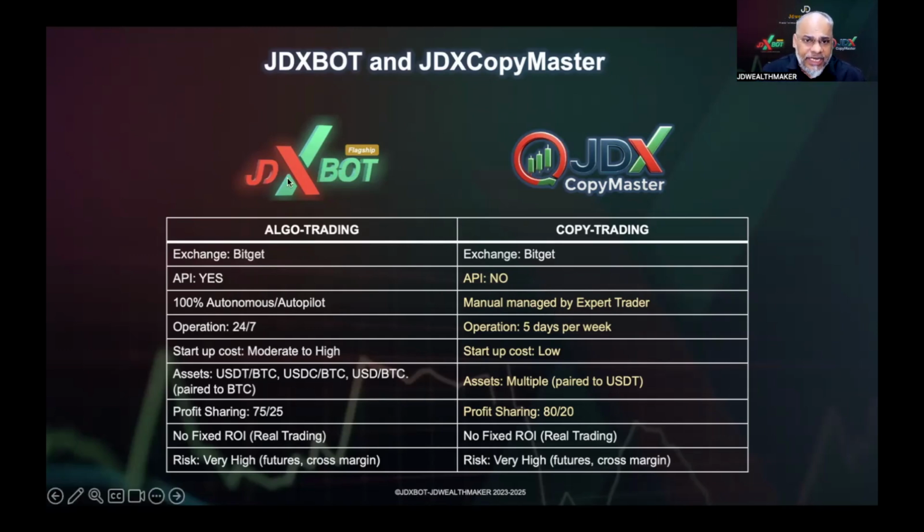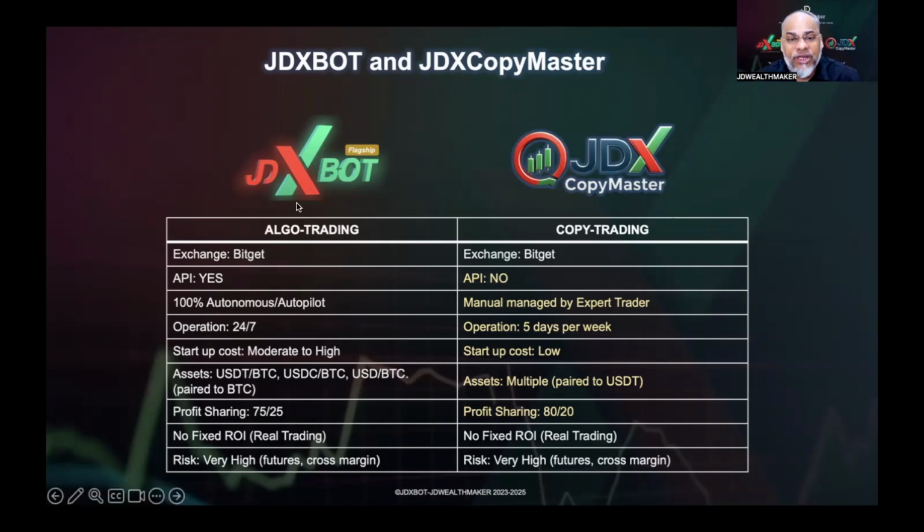JDXBot runs 24/7. Copy Master runs 5 days a week, meaning positions will only be opened during the weekdays. During the weekend, normally there will be no new position, but any existing position will continue to be managed. Please understand, Copy Master may not be permanently available because it depends on a human, which is myself.